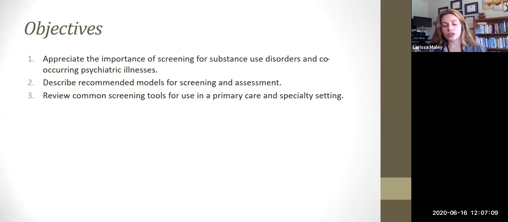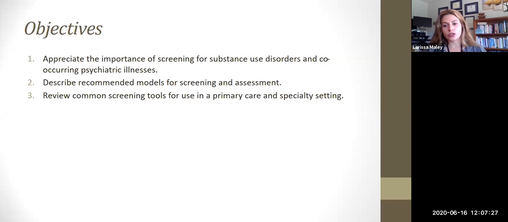I'm also going to just describe a couple very briefly recommended models for assessing and screening. So we're going to cover the ASAM leveling model, and we're also going to cover ASPART today.